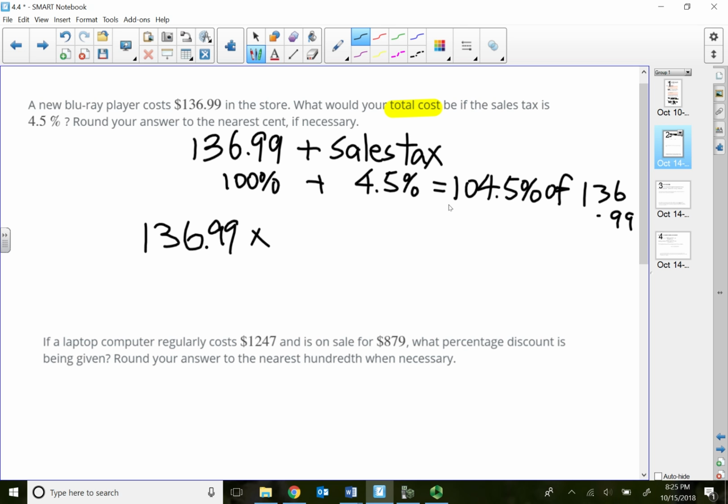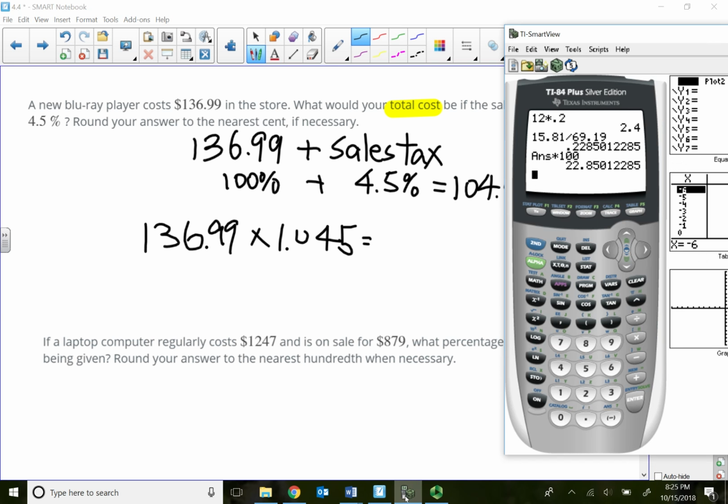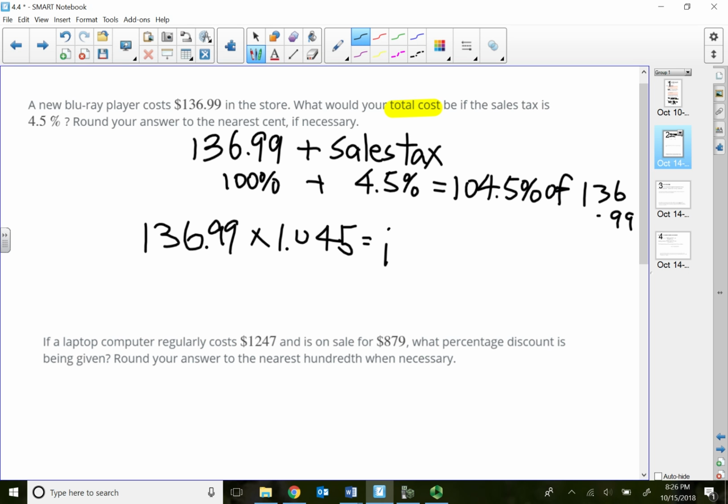If I move my decimal to the left two places to make it into decimal notation, that would be 1.045. So that will give me my total amount. I round to the nearest cent, so that would be $143.15.